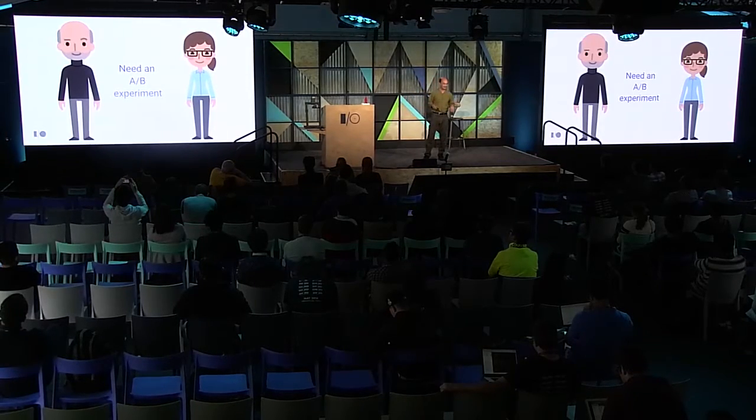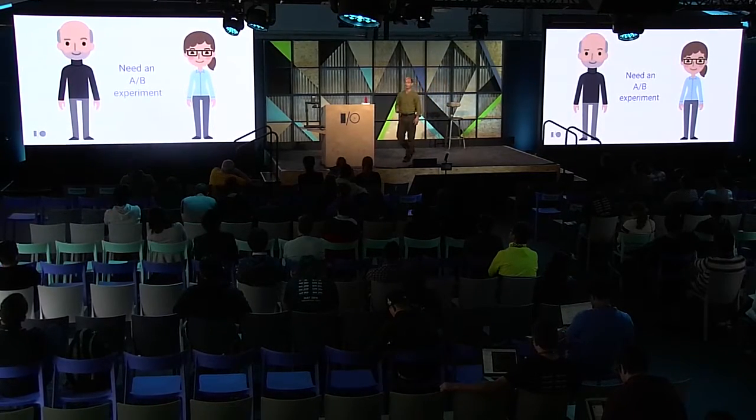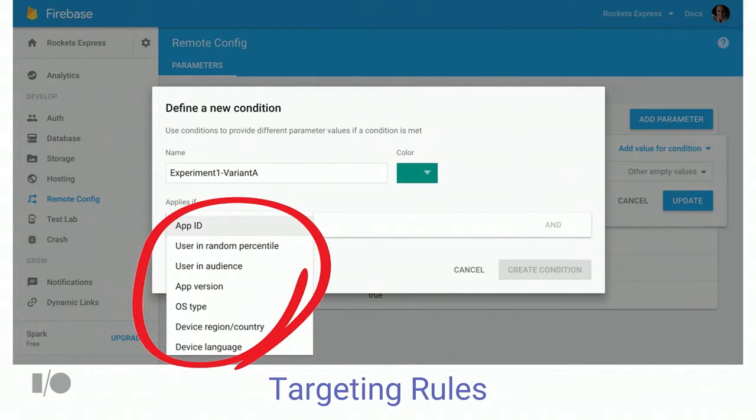So you, the CEO, this time timidly, goes down to Toria and asks, any chance we can experiment with thick crust pizza? And to your surprise, Toria says, absolutely. How come? Well, when you wired up your app, you automatically get use of config's conditions. Now what you can do is you can apply rules to select a subgroup of your users.